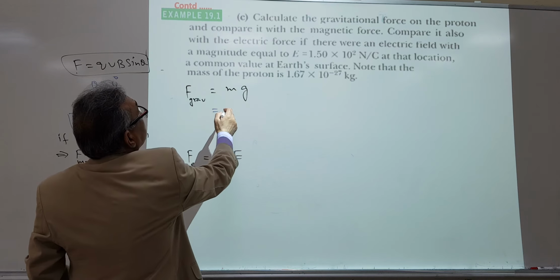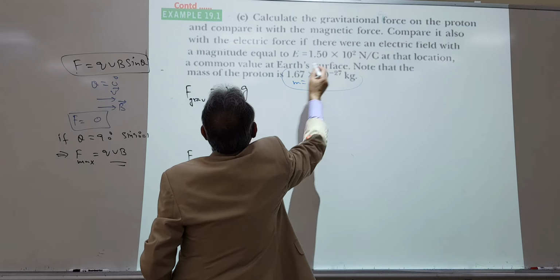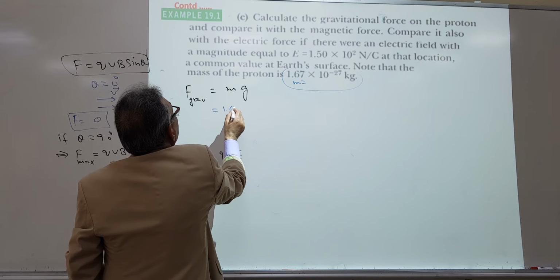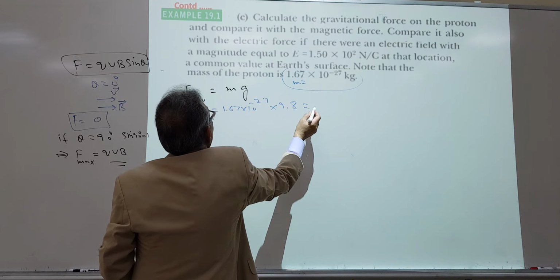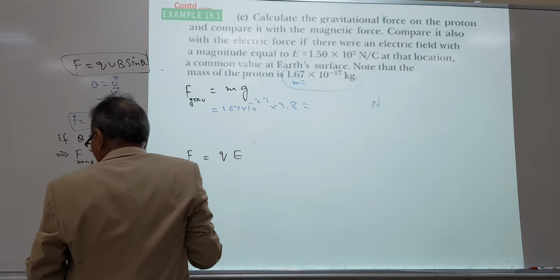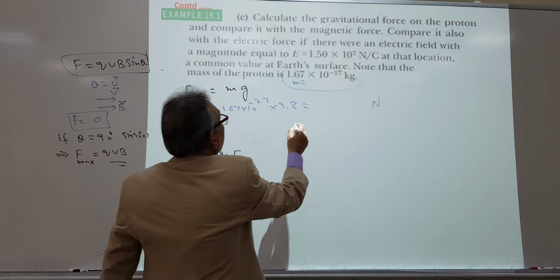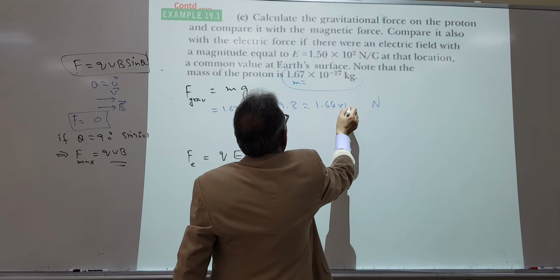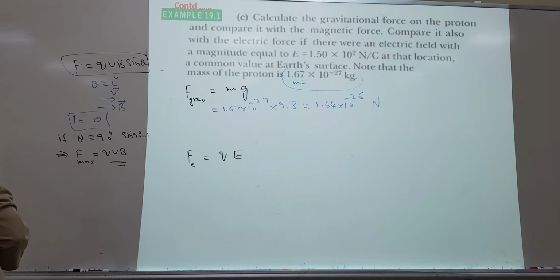The mass of the proton is given to you, 1.67, times 9.8. You would get 1.64 times 10 to the minus 26.